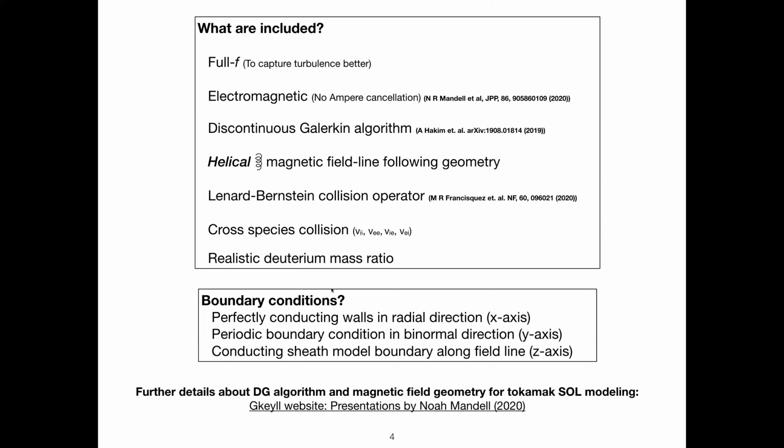The boundary conditions in our simulation are perfectly conducting walls in the radial direction, that's the x-axis of our simulation, periodic boundary condition in the binormal direction, that's the y-axis, and a conducting sheath boundary model along the magnetic field line following direction, which is the z-axis of our simulation.